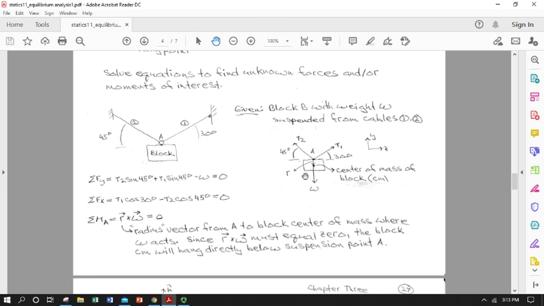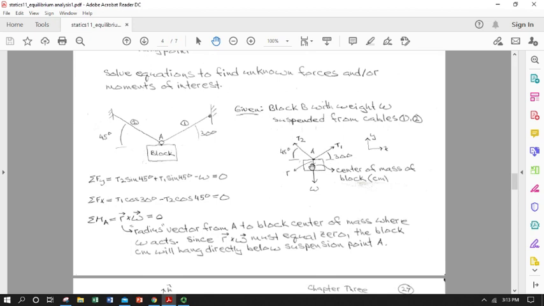Okay, so here's our FBD. We've got a little sketch of the block. We've got tension of cable 1 at A at 30 degrees, and you've got another cable, T2. Had it been one cable, it would have had a single tension, but it's a different cable, so it's got T2 at 45.